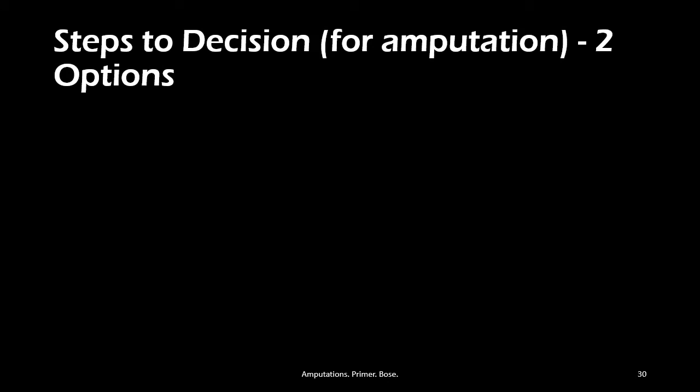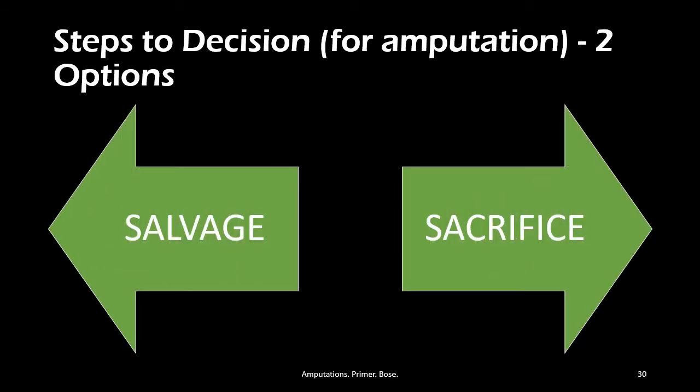The steps to deciding for amputations have two options, either to salvage or to sacrifice. For salvage surgeries, the attempt to preserve the limb is the primary goal.